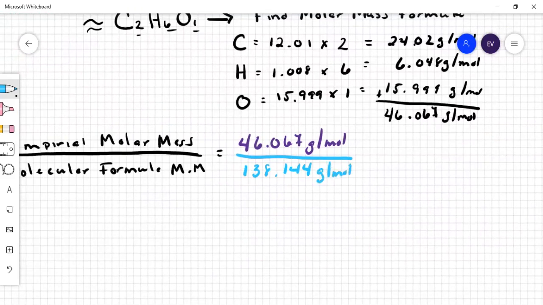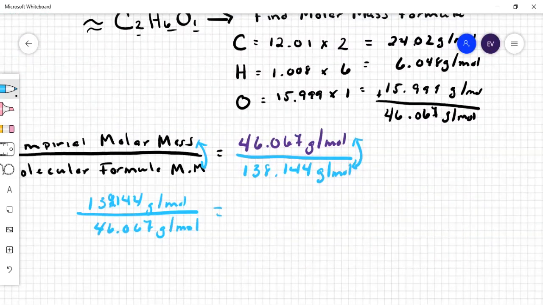Sorry, flip this. I got too caught up. It's 138.144 grams per mole divided by 46.067. Apologies.